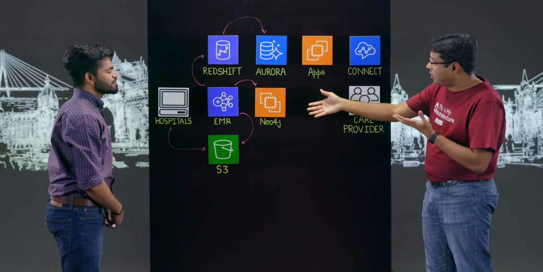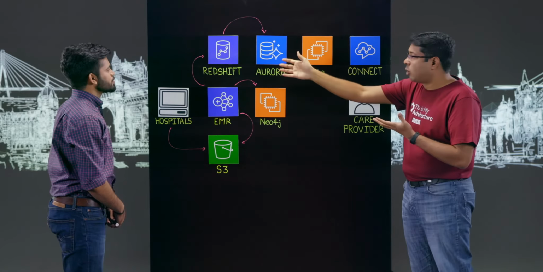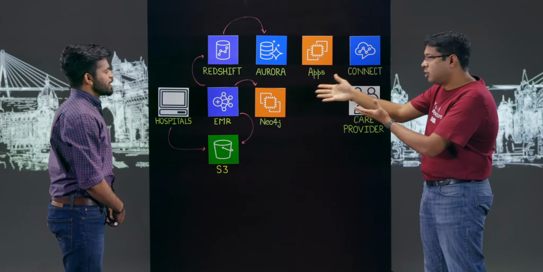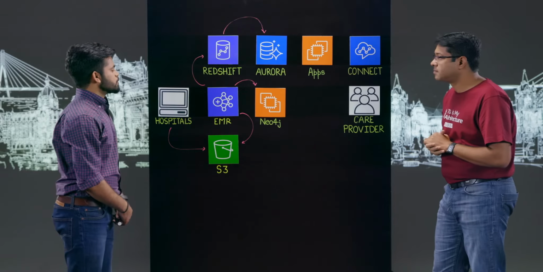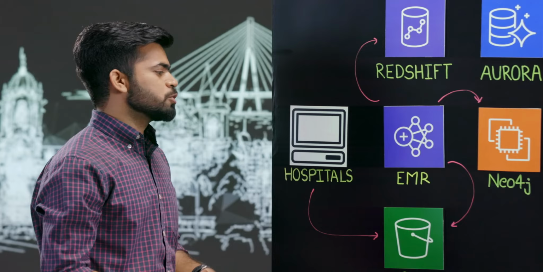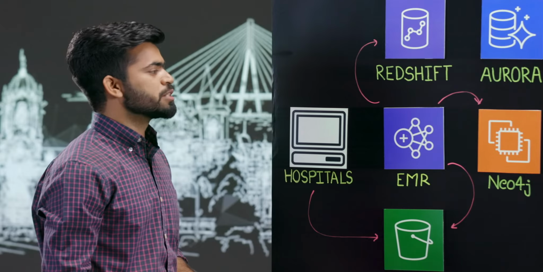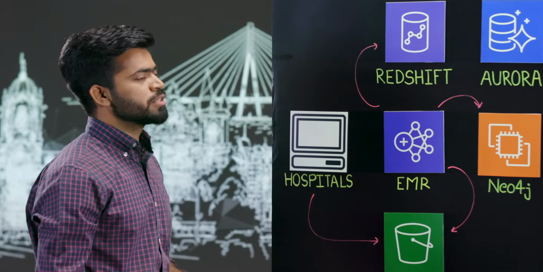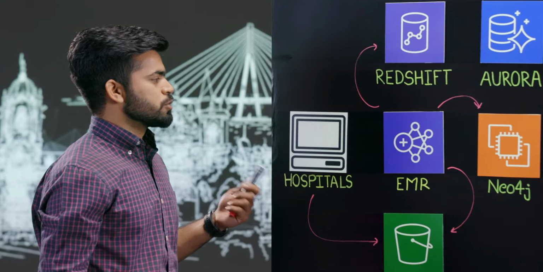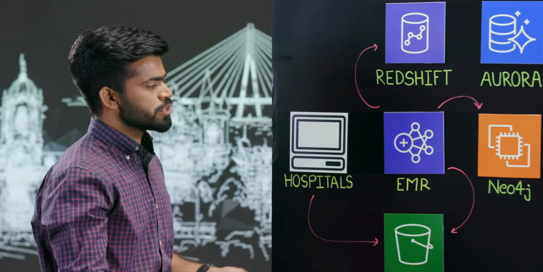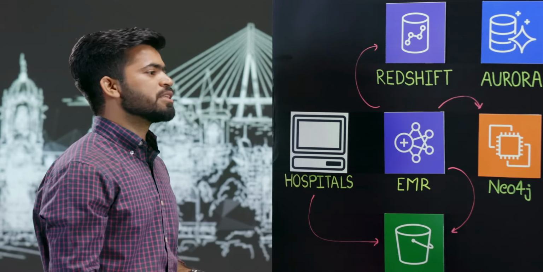And then I see you're using Neo4j, Redshift, Aurora. So Neo4j is a graph database here. Can you share some insights into it? Yeah, sure. Typically, when you see Neo4j, you would presume that it's a data store that we are using it for. But in our case, we use Neo4j for our correlation engine. When you receive a lot of patient data from different sources, we have to deduplicate the patients.